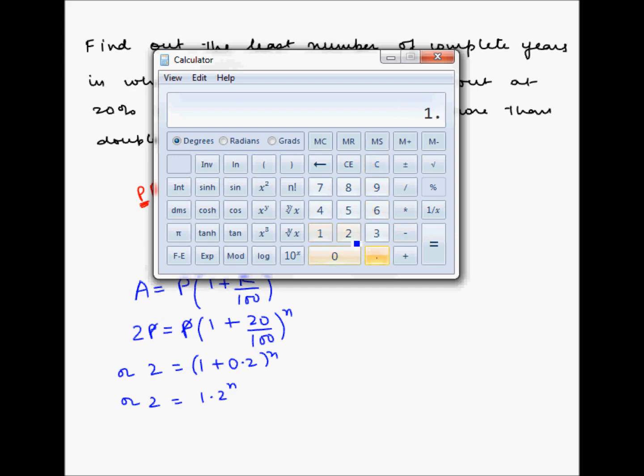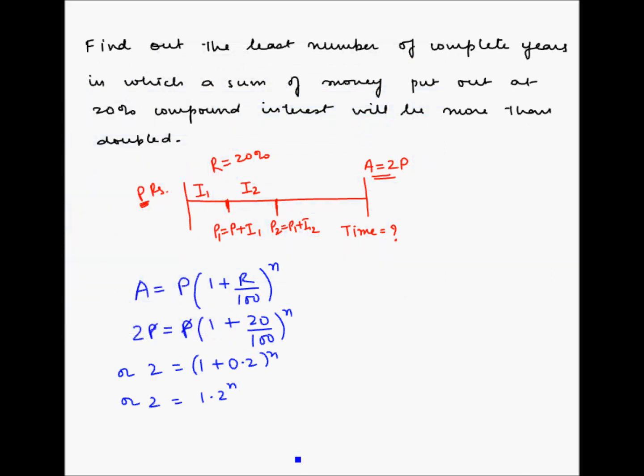So 1.2 to the power 4 is 2.0736. So this is higher than 2. So we can say that the number of years in which the sum of money will be more than doubled is n equals 4 years.